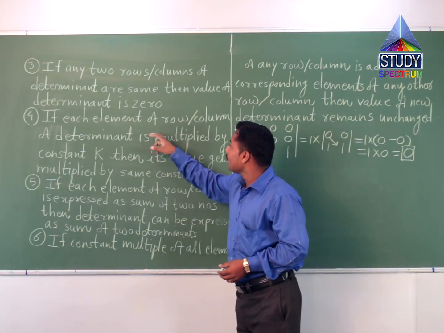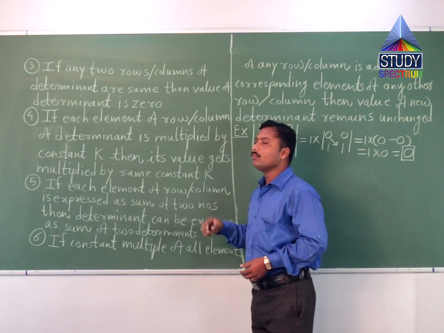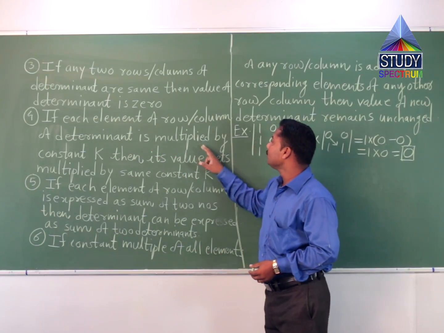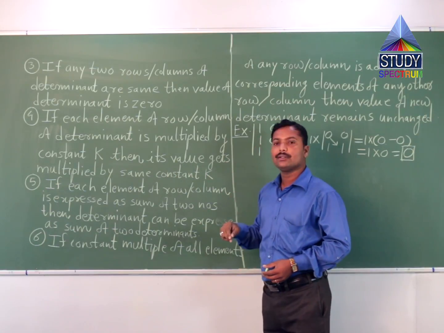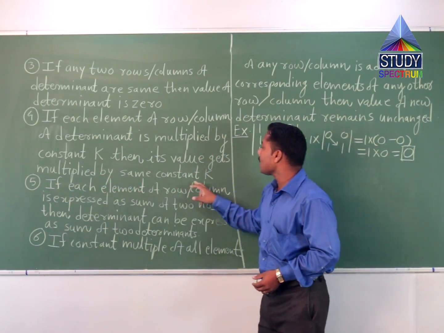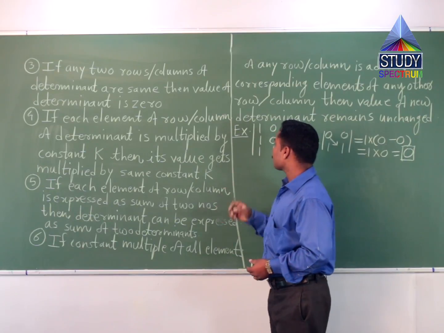If each element of a row or column of a determinant is multiplied by a constant k, then its value gets multiplied by the same constant k.